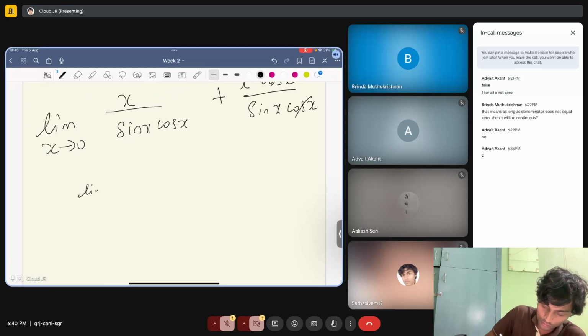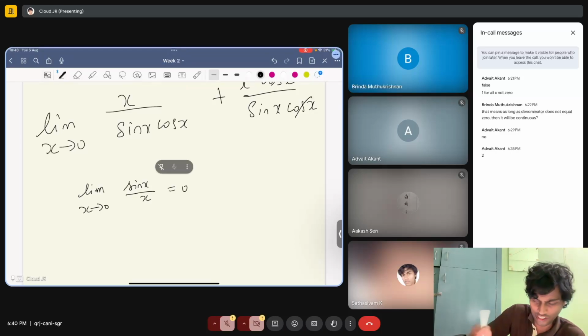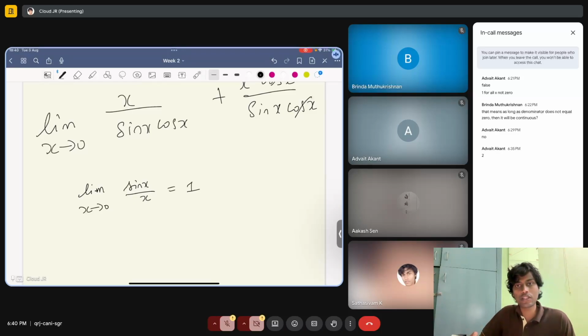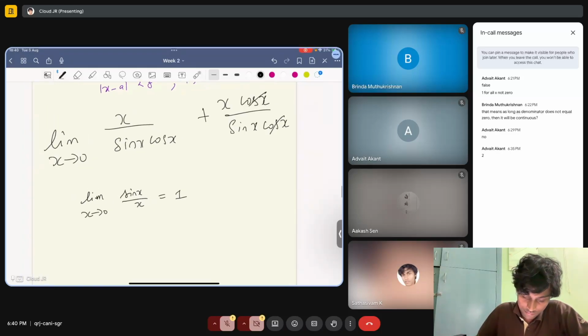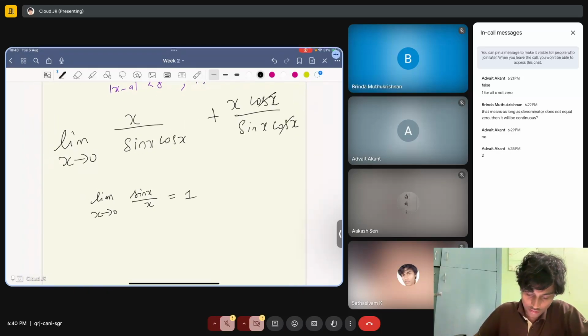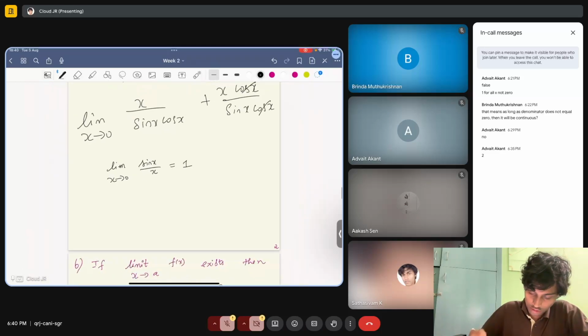What we know is the limit of sin x by x as x goes to 0. This we know, this is just 0. Sir, not 0. This is 1. Okay. So now, we have to work with x by sin x. What we do is we just flip it over. That's all. Okay.